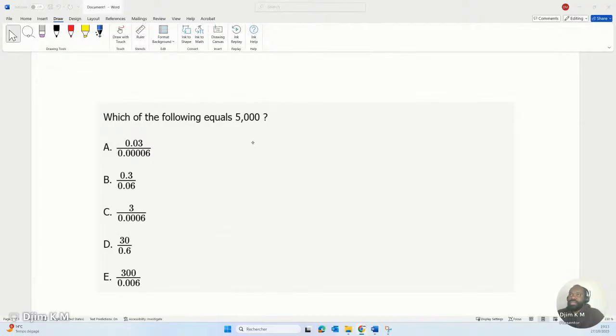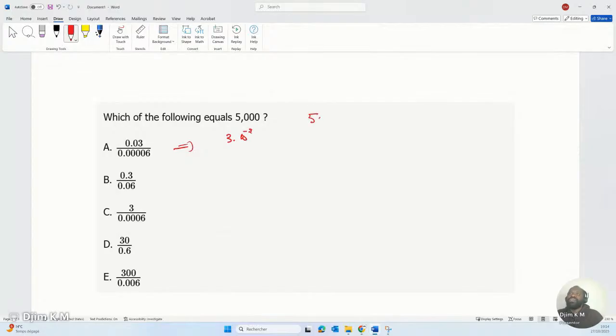So if we take A, for example, this will be equal to 3 times 10 to the power minus 2 over 6 times 10 to the power minus 5.